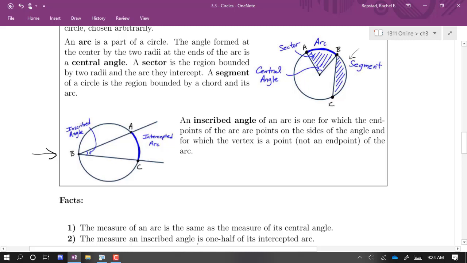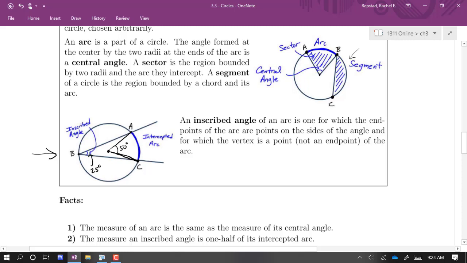So let's say this is the center, and if I draw the central angle associated with that intercepted arc, let's say it's maybe 50 degrees. That means that the inscribed angle would be 25 degrees.